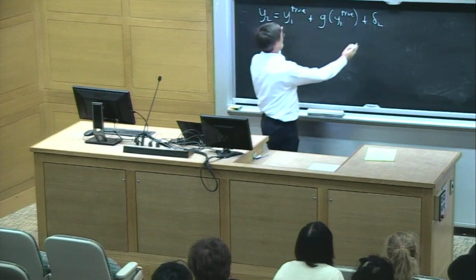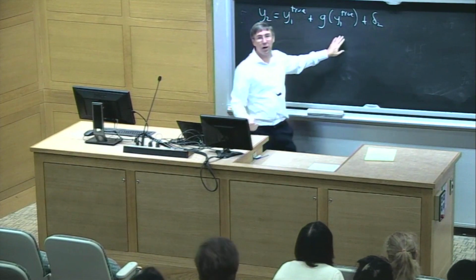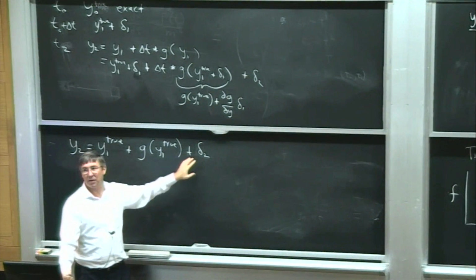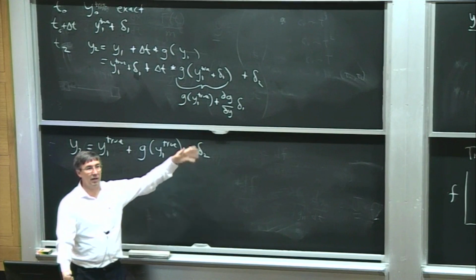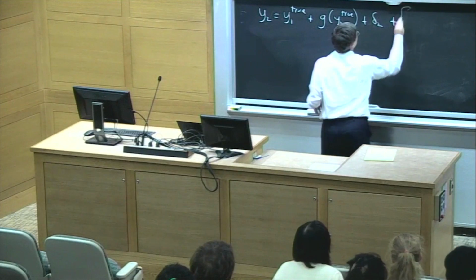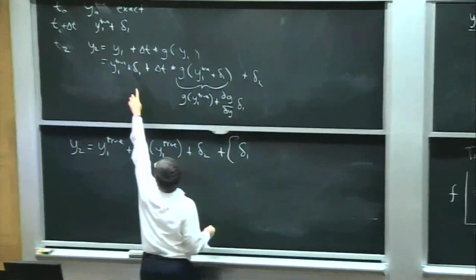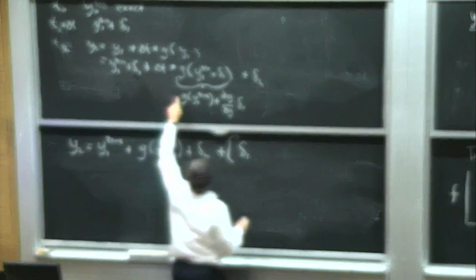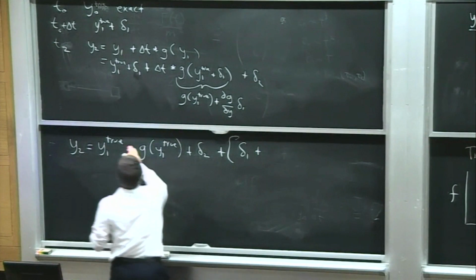If somebody told us what the true value of Y1 was, this is the size of the error we'd expect. It's going to be that little error we calculated before. But then on top of it, we have these other terms. We have a delta 1, because Y1 was not the true value. And, sorry, I lost a delta T here.